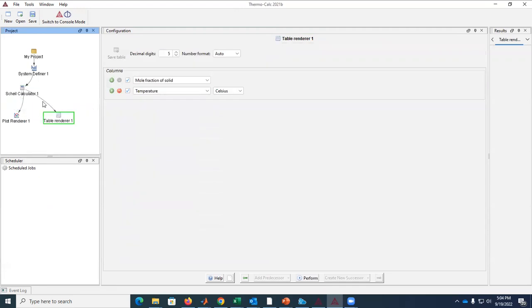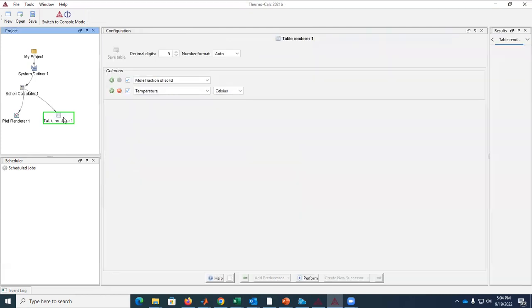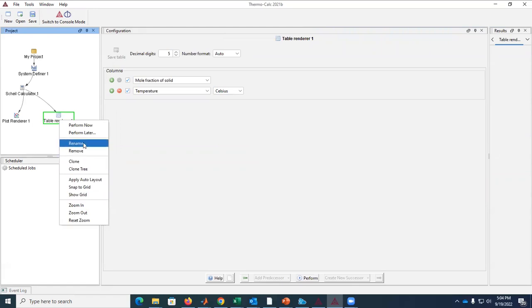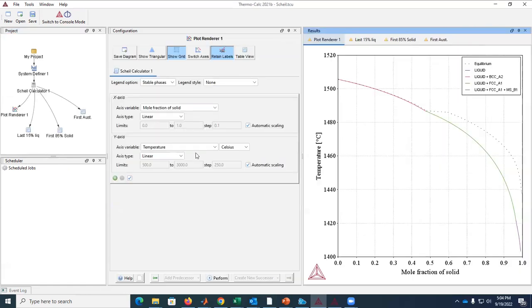The table render is a table that you create from the calculations that you did, instead of plotting the simulation data in a plot. You can rename this table, for example, last 15% liquid, or just put a reference.